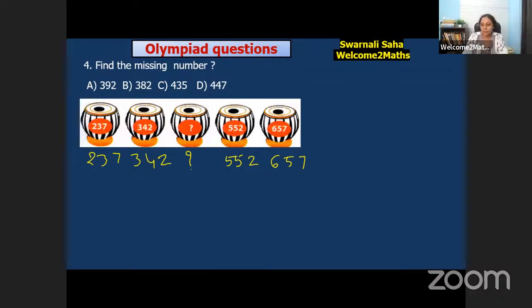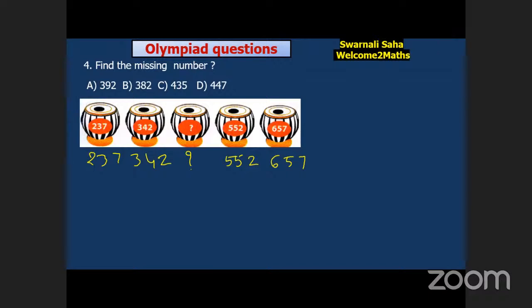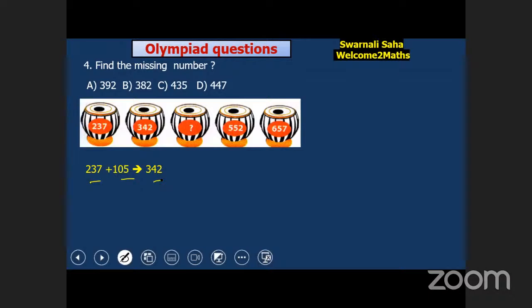Is 447. Okay, let's check the answer. I'll show you the answer. You see, it's 237 and 342. What is the difference between 237 and 342? It's 105. So whenever we add 105, we'll get 342.